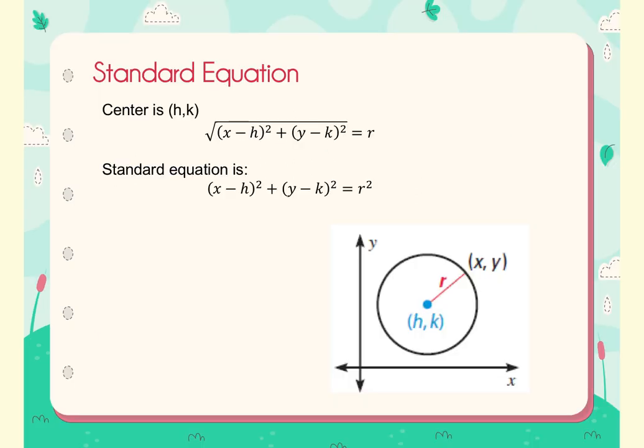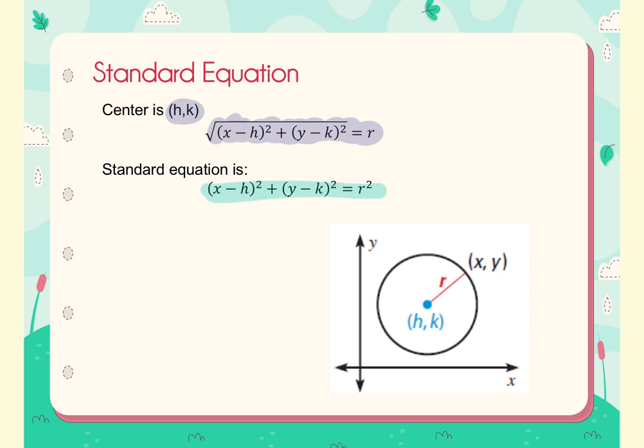All right, now what happens if I shift my center off of 0, 0? The center is now (h, k), h being the x coordinate of my center, k being the y coordinate of my center. If I wanted to find the distance around the circle, I would use the distance formula with those coordinate points, which is what this is. You don't need to do that, however.